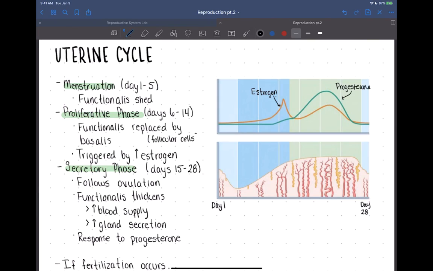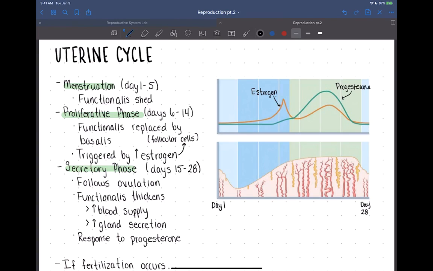Because at the same time, leading up to day 14, those follicles are developing, getting bigger, or getting more follicular cells, and so they're going to be producing more and more estrogen. So that estrogen is going to stimulate this proliferative phase, the production of the replacing of the functionalis.